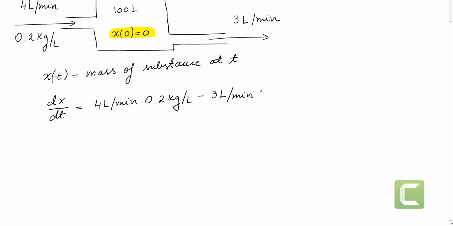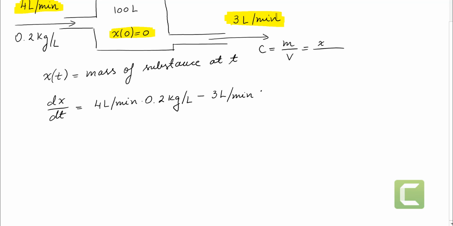So I'm going to pause a bit and talk about the concentration, which is mass over volume. So in our case, the mass is x, and the volume is, well, it would have been 100 liters if going in would equal going out.